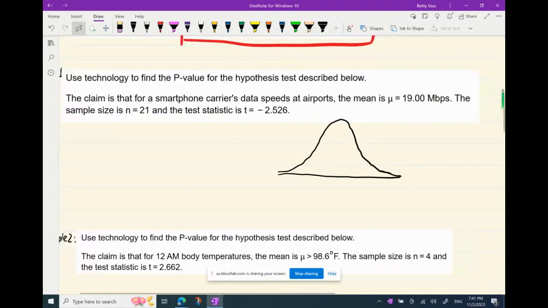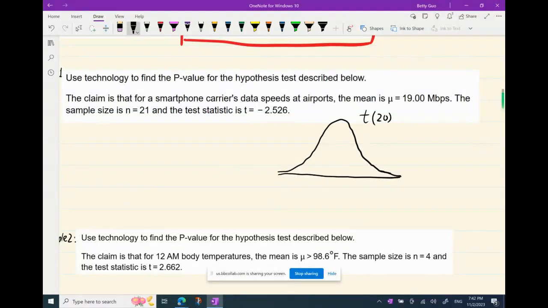Since our sample size is 21, a very important parameter about t-distribution is the degree of freedom. Degree of freedom of t-distribution is n-1. In this case, n is 21, the sample size. So n-1 is 20. So this is the curve of a t-distribution with degree of freedom equal to 20.